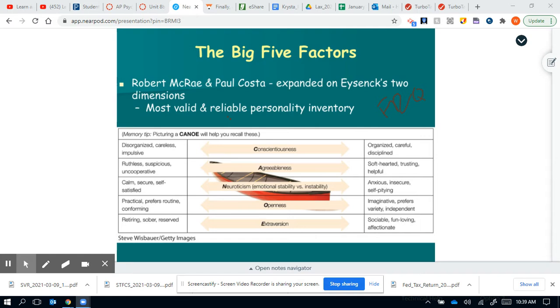There are two different mnemonics to help you remember what they are. One of them that they have on here is CANOE. The other one that I've used in the past is OCEAN. They both are the same, just a different order of the words.